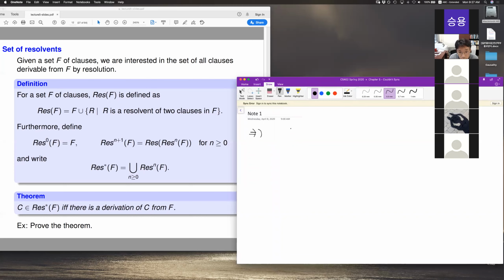Just pick C, which is in res star of F. Then because res star of F is the union over n greater than or equal to 0 of res n of F, by the definition of union, there should exist n such that C is in res n of F. This is always the case; it's a union, so it has to belong to one of them. So we will do induction on n.